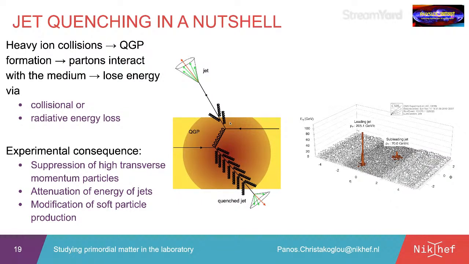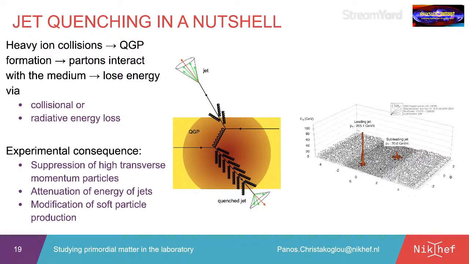So the experimental consequence will be a suppression of high transverse momentum particles, an attenuation of the energy of the jets, and a modification of soft particle production. Just to give you an idea, because obviously I cannot describe this in so much detail at this stage due to time, here is how the previous picture of this calorimeter measurement looks in the case of heavy ion collisions.